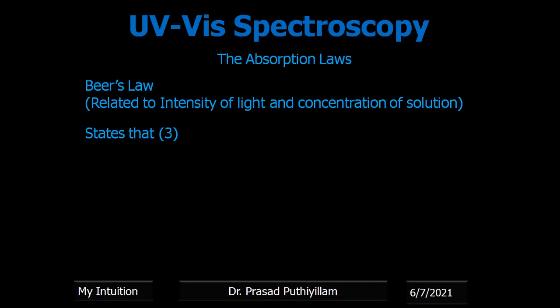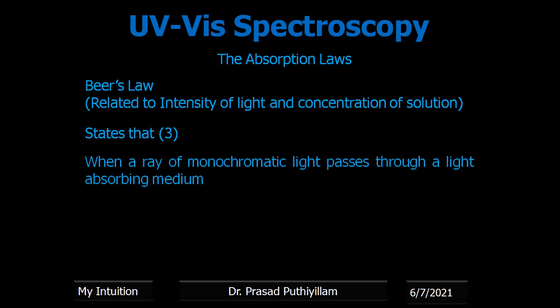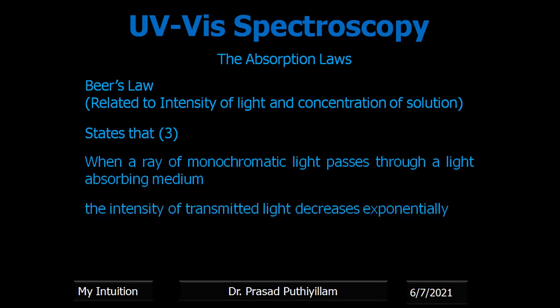Statement 3, which I feel is more convenient, because this is what I used while I was a student. I studied in this manner: when a ray of monochromatic light passes through a light absorbing media, the intensity of transmitted light decreases exponentially as the concentration increases arithmetically.